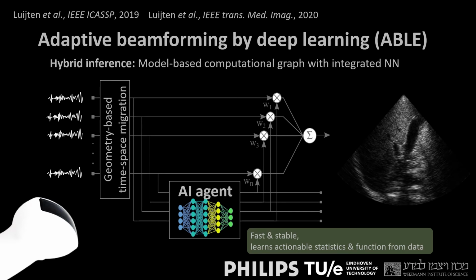And we train this whole chain end-to-end through the sum, through the agent, back to the geometry-based time-space migration. And the advantage of this compared to minimum variance beamforming is that it's much faster, and it learns these actionable statistics by relying on all the training data that it has seen, learns these actionable statistics from very few snapshots and from the partial observations that it gets, and that is an advantage.